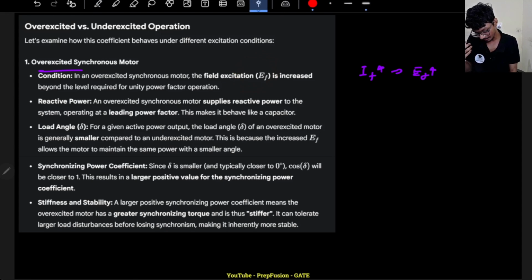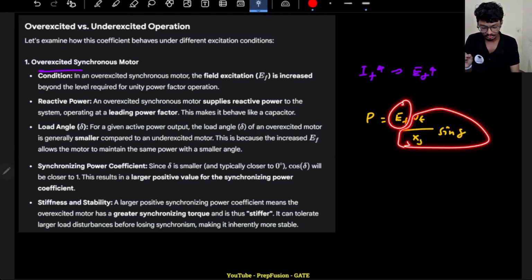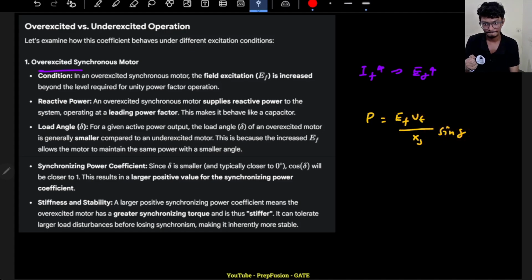Basically what will happen? The active power, if all other values are the same, P is equal to EF Vt by XS sin delta. If all other values are constant and I increase EF, for the same value of power angle I am getting more power.